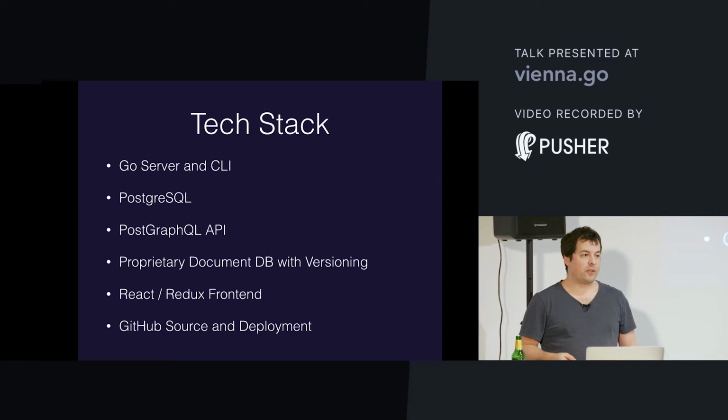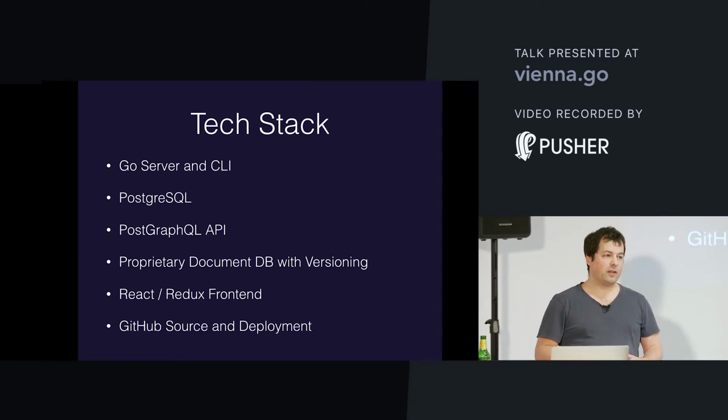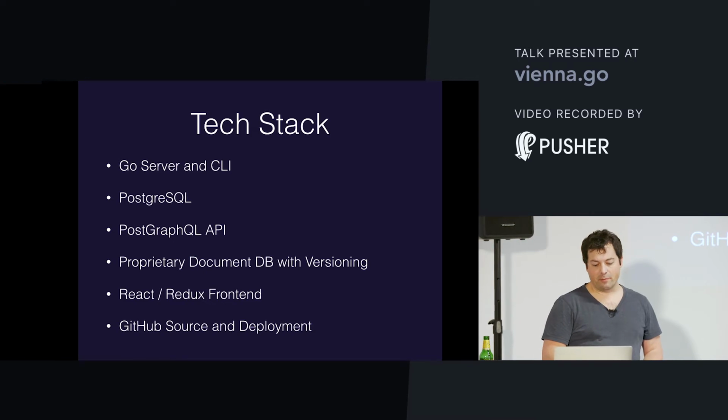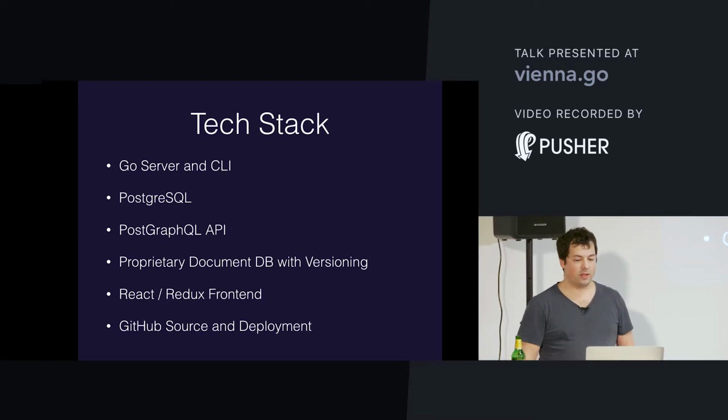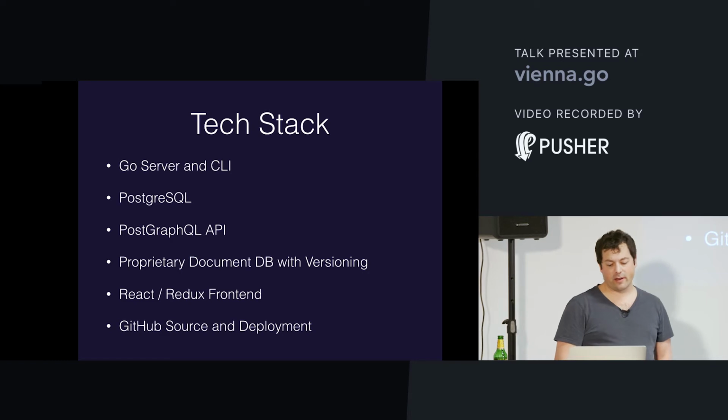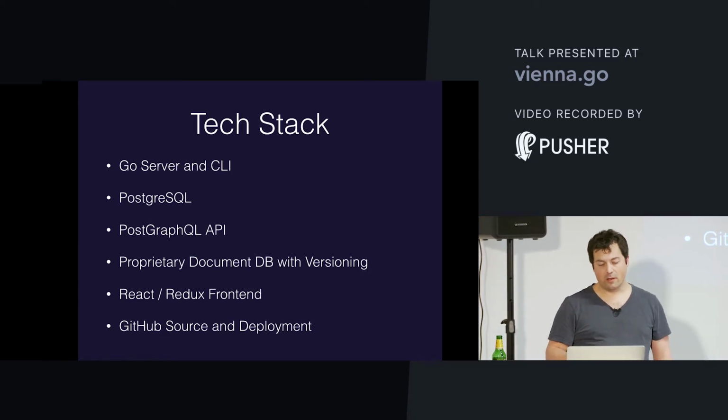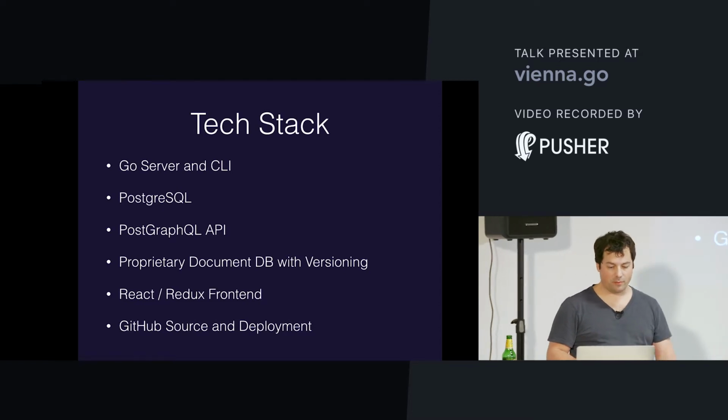For that, we created our own document database that's completely file-based and has things like versioning and checking out, checking in, and so on. I'll get into that later. For the front end, we are using the usual React Redux stack and GitHub, like many, for source code and also for deployment.